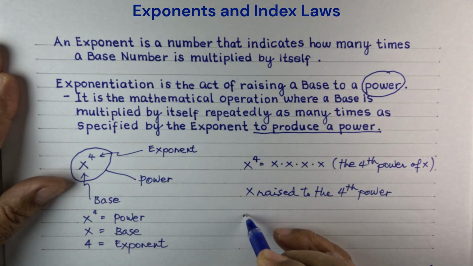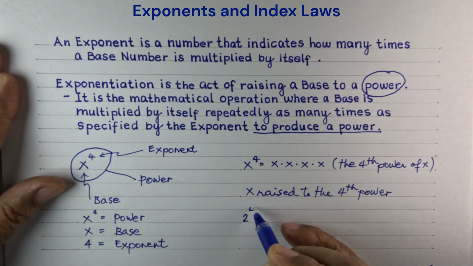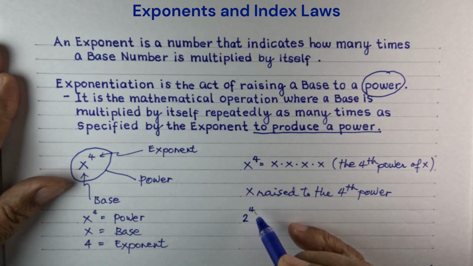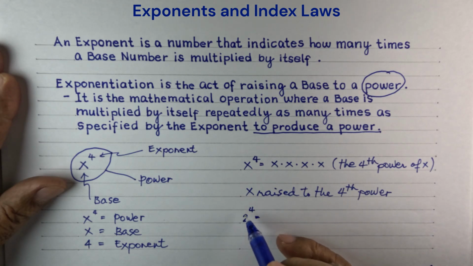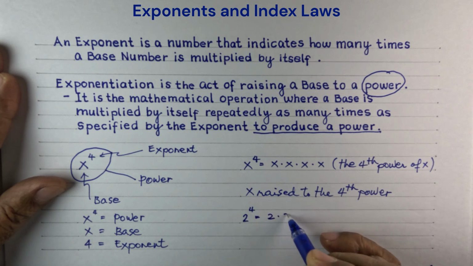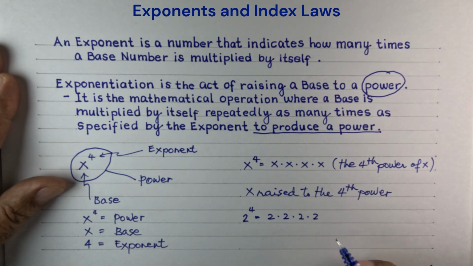Now let's put a value to the base. Let's say 2 to the fourth power. So 2 is the base, 4 is the exponent. So the base 2 is to be multiplied by itself 4 times. So that's 2 times 2 times 2 times 2.